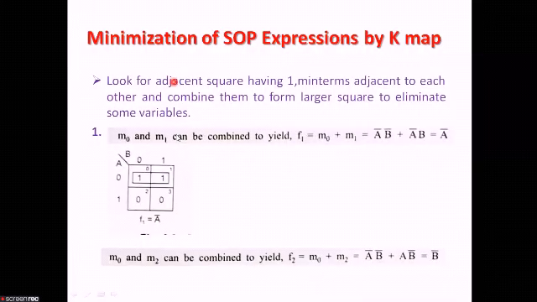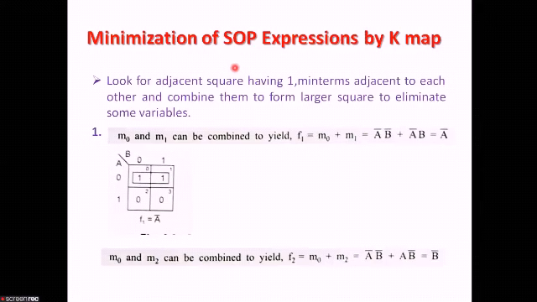Now I had already told you that we are considering 1 in each of the min terms, which means we are considering the SOP form. So we will be seeing the minimization of the SOP expressions using the two variable K-map. Two variable means A and B. You can also take XY, YZ, ZX, any variables, but here I am taking A and B. You can also take P and Q. These variables are for consideration.